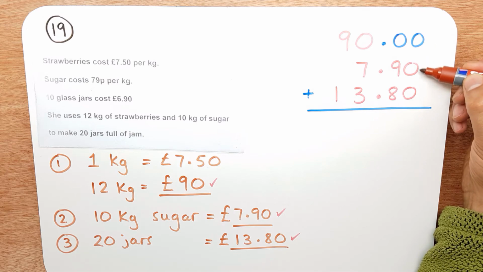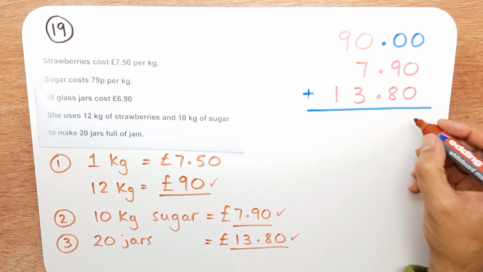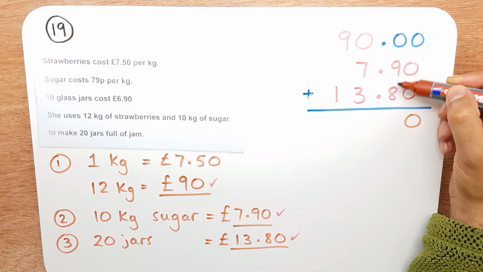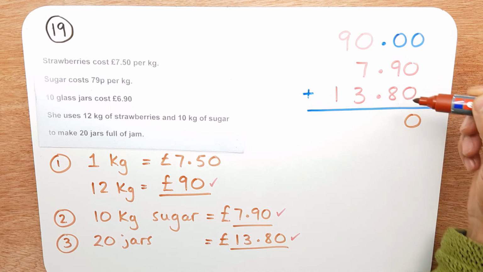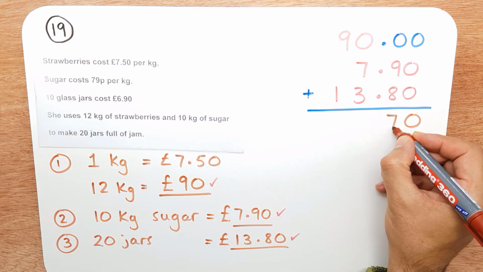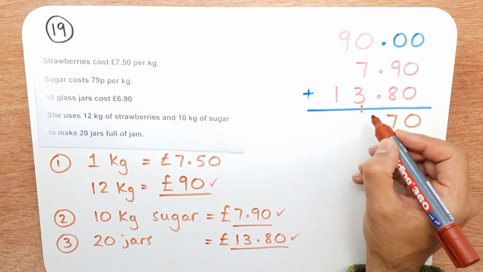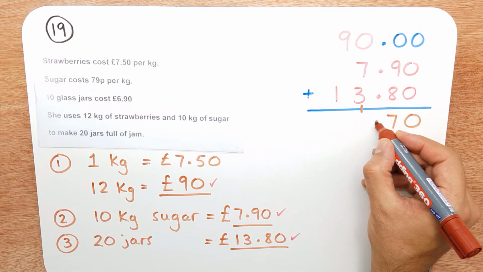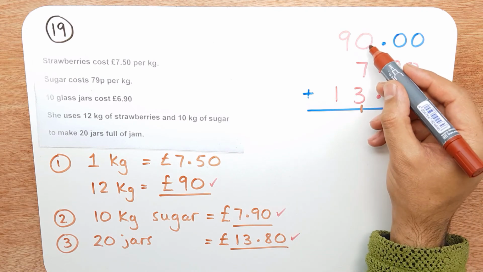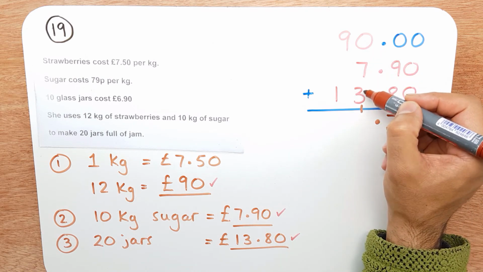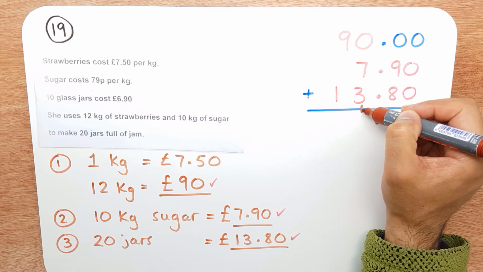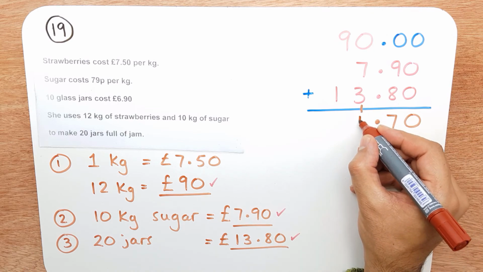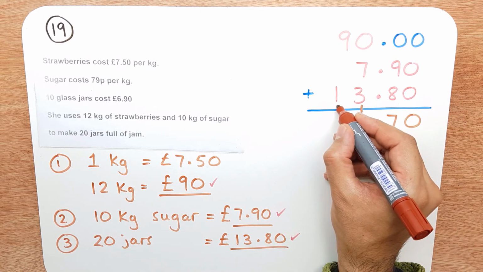0, add 0, add 0 is 0. 0, add 9, add 8 is 17. Put the 7 down, carry the 1 over to the next column. Now with this decimal point, I have to be careful and make sure I put it down and it lines up. 0, add 7, add 3 is 10. Add 1 that we've carried over is 11. So we put the 1 down and carry the 1 over to the next column.